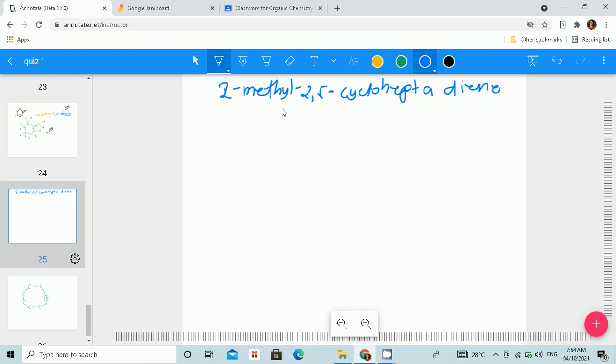You see class, this naming is an old version.